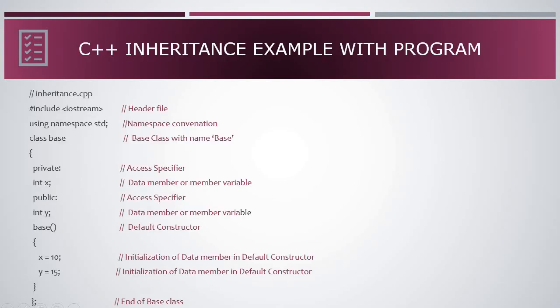Let's understand more with this specific program. What we have done is create a header file, then class base, with two data members x and y. One is private, one is public. Then in the default constructor we initialize them with 10 and 15. That's the base class.